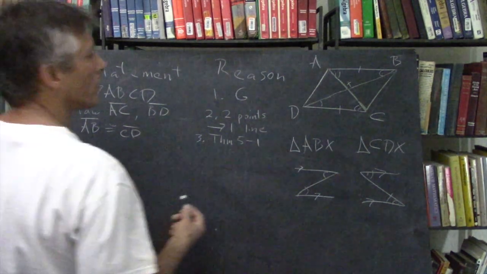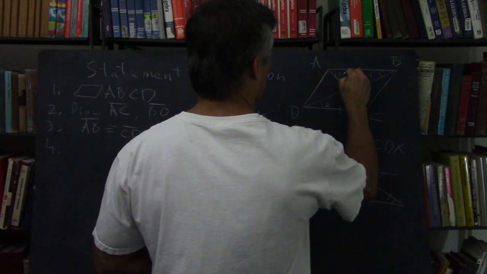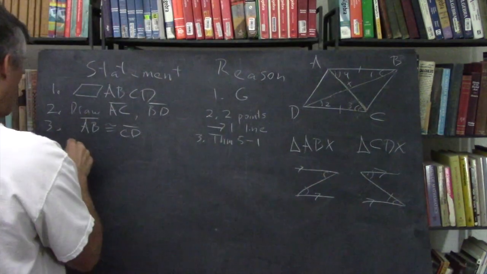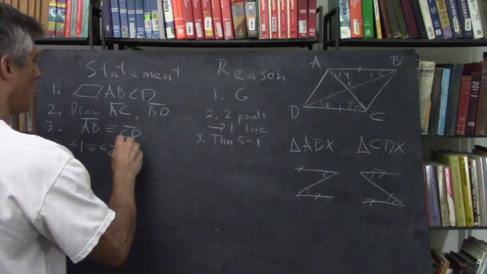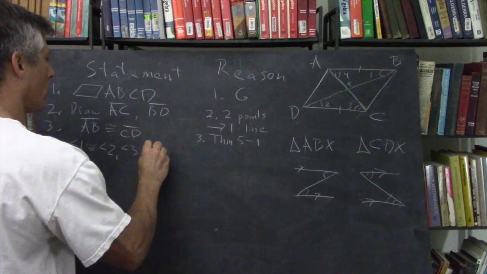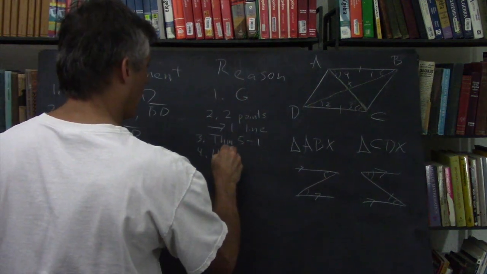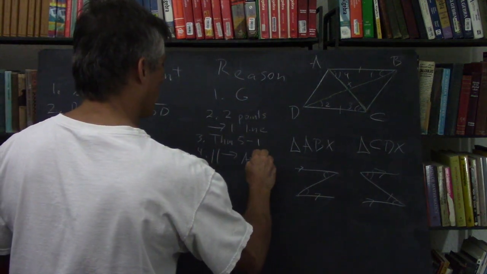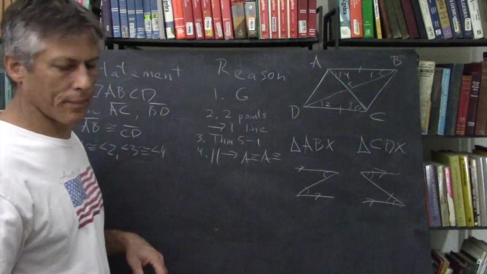And then we know, I'll call it 1, 2, 3, 4. Angle 1 congruent to angle 2. Angle 3 congruent to angle 4. Parallel implies alternate interior angles congruent.